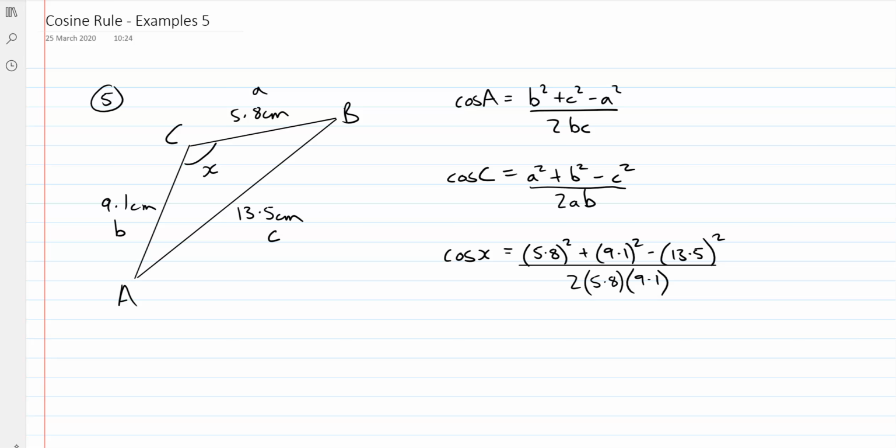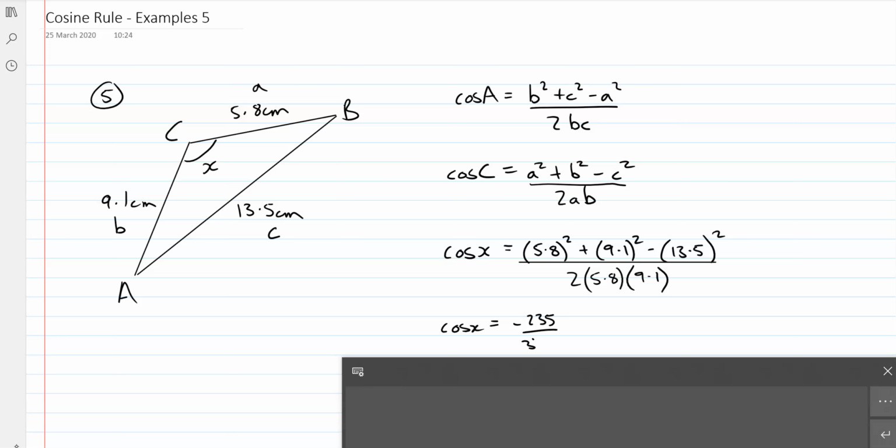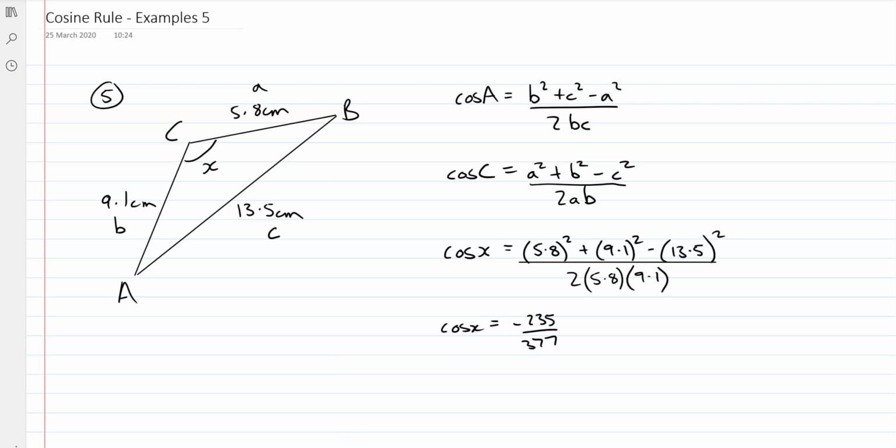So minus 235 over 377. Don't worry about the fact that it's negative. That can happen here. And then inverse cos, minus 1, both sides. So it's 235.